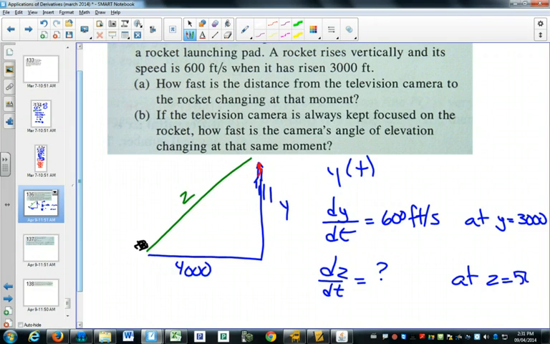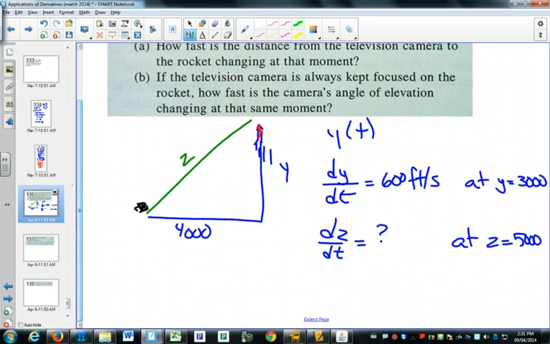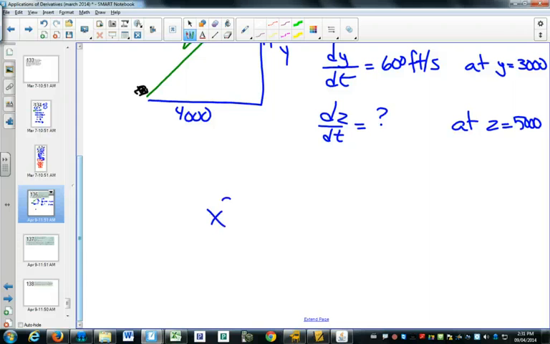It's just the 3, 4, 5 triangle, just with more zeros. And how are these three things related? They're related by x squared plus y squared equals z squared.